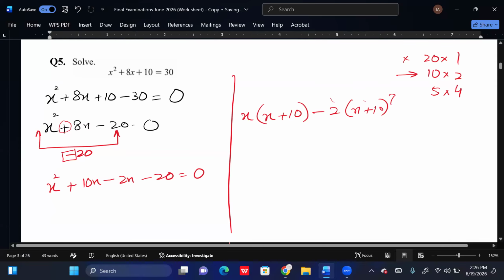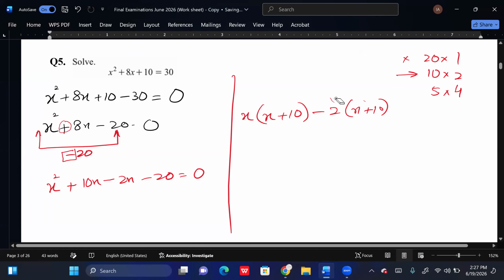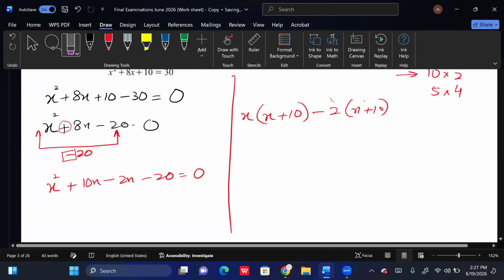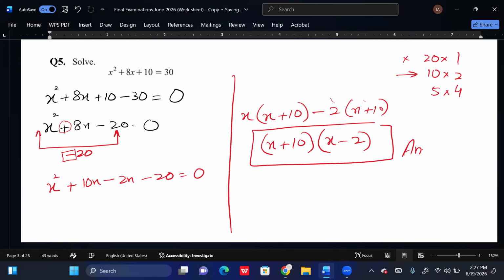So we have 2 identical brackets. This is what we are looking for. So we write the first bracket x plus 10. We have taken common x plus 10. Now after removing x plus 10, what we have now is x and we have minus 2.